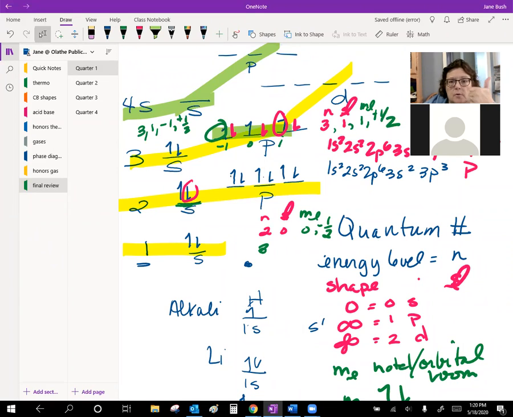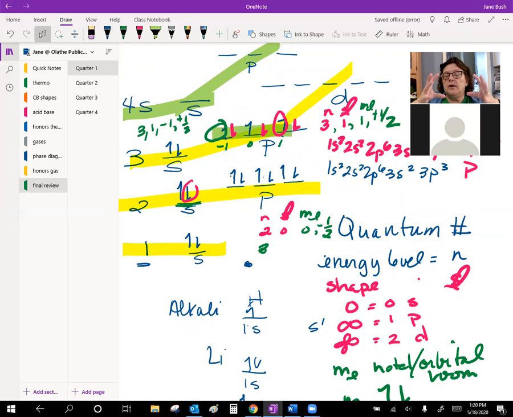Okay? So you end up being able to identify which exact orbital or electron you're talking about, because you have the primary number, which is the energy level it's in, and the l number, which is its shape, which tells you whether it's an s orbital, p orbital, d orbital, or f. The ml, m sub l, tells you its orientation. So look at my picture here.